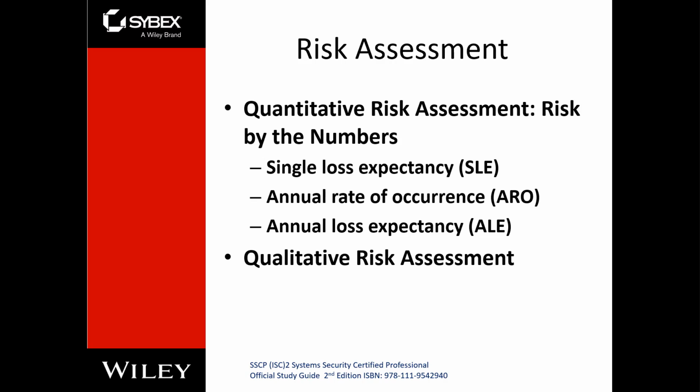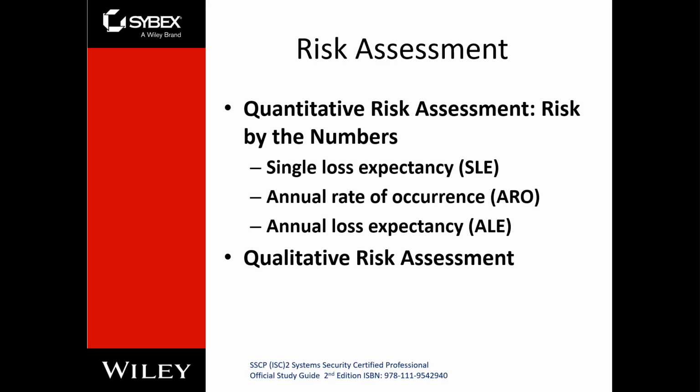Quantitative is essentially risk by numbers. And we can do calculations like single loss expectancy, annual rate of occurrence, annual loss of expectancy. These are all equations that we can use to help identify quantitative risk. While in contrast, qualitative risk assessments focus on inherent quality aspects or characteristics of the risk as it relates to the outcomes of risk occurrence.